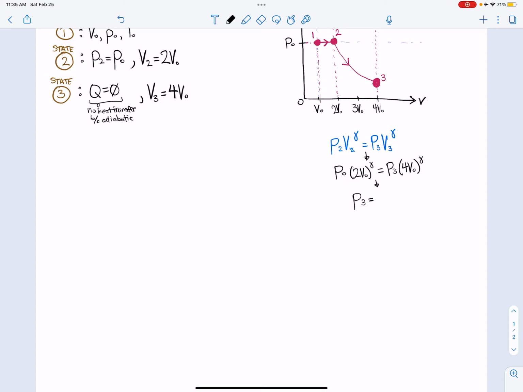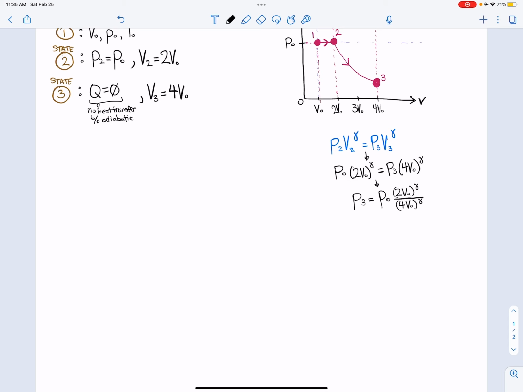P3 is equal to P naught times 2 volume naught to the power of gamma over 4 volume naught to the power of gamma, right?